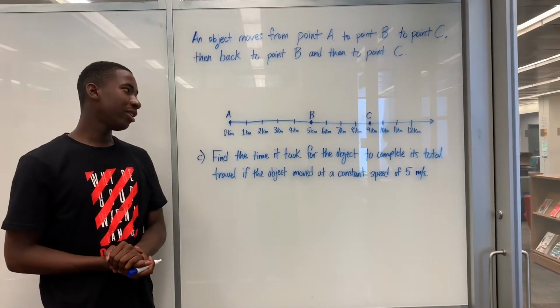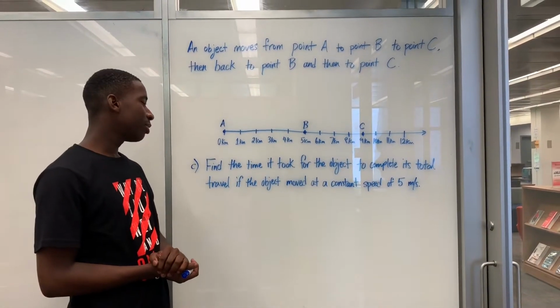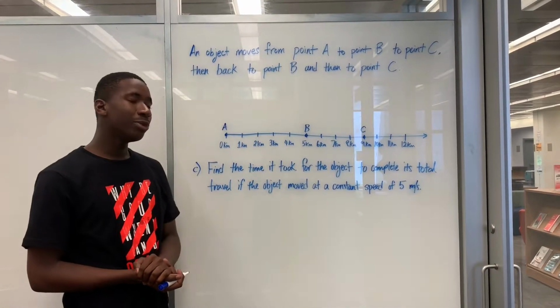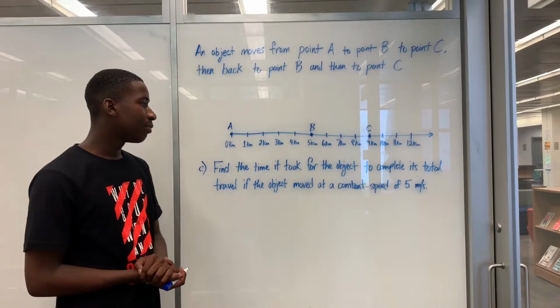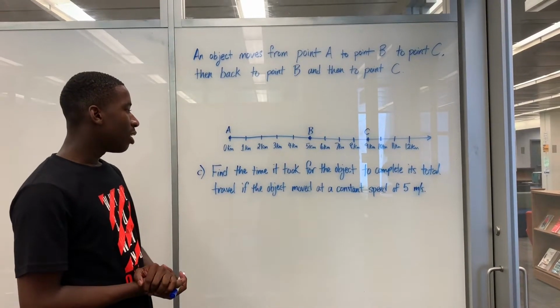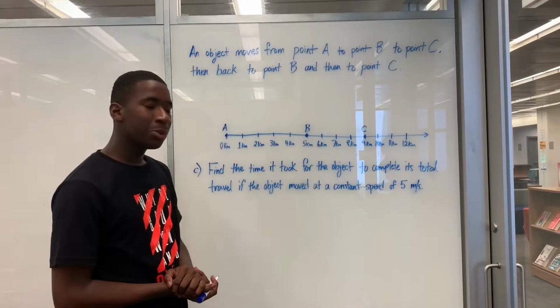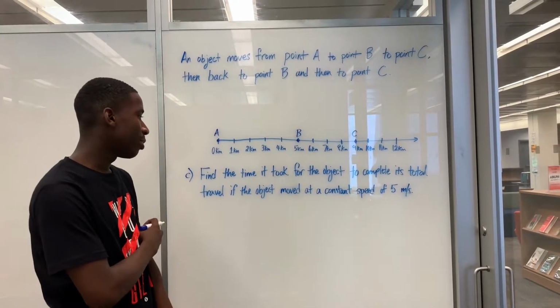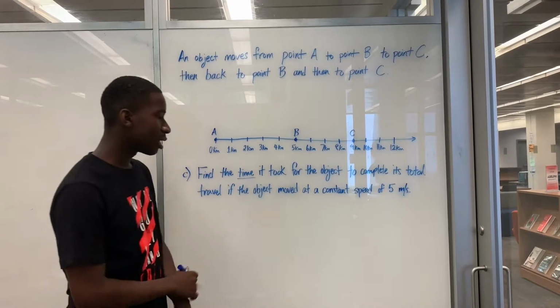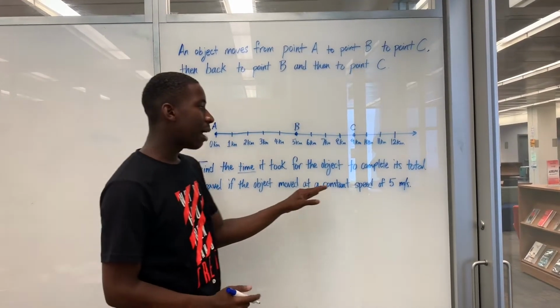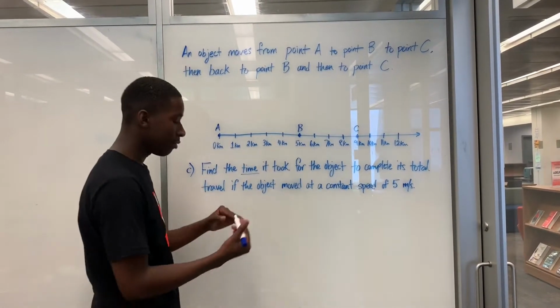Part C. Find the time it took for the object to complete its total travel if the object moved at a constant speed of 5 meters per second. So, let's examine the keywords in this part of the question. We need to find the time, that's what we're looking for, it took for the object to complete its total travel.